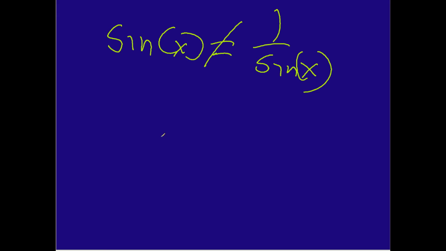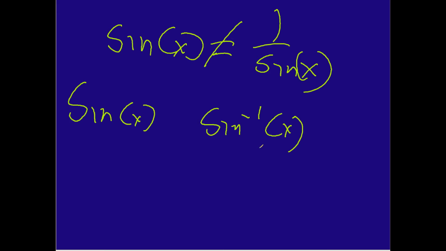What is really happening is I have sine of x, and the inverse of that would be sine to the negative 1 of x. And we're going to talk about how this works in a few moments. But this is the big picture of what is happening in this particular experience with the inverse trigonometric functions.